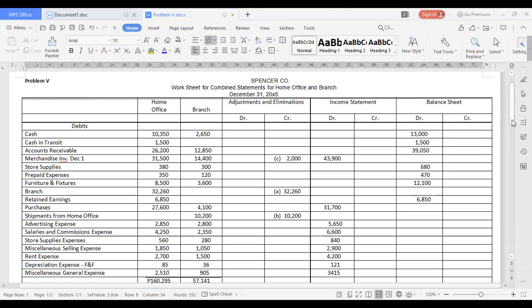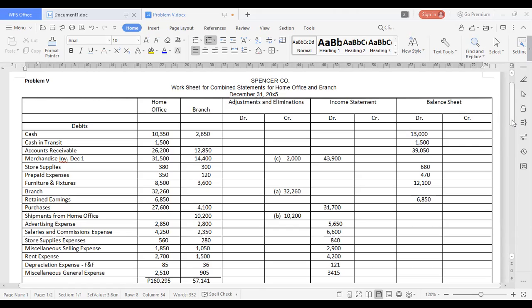So our branch account is already 32,260. Then we are going to record debit to retained earnings. In other words, at the beginning of the period, you had retained earnings deficit. Then we copy purchases and shipments from home office is a credit.